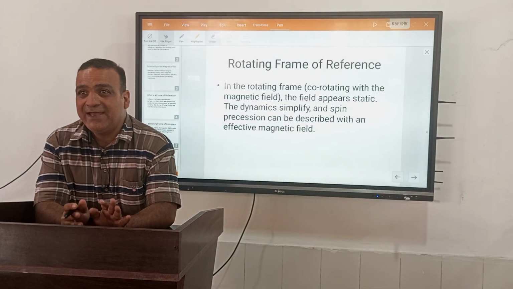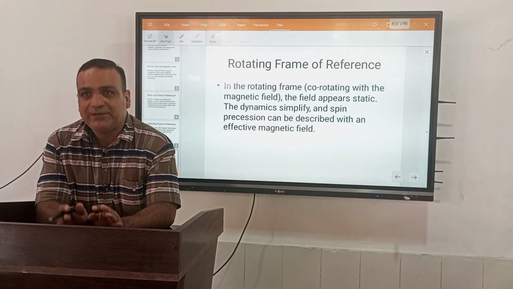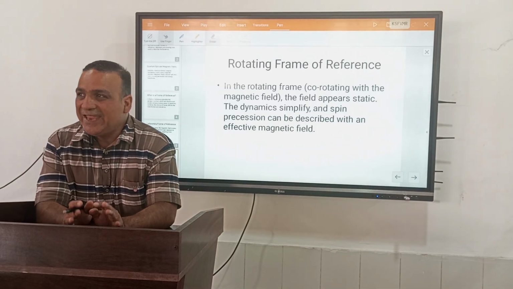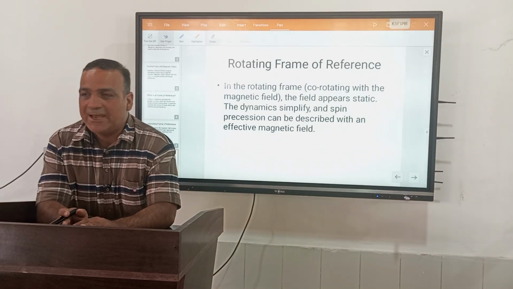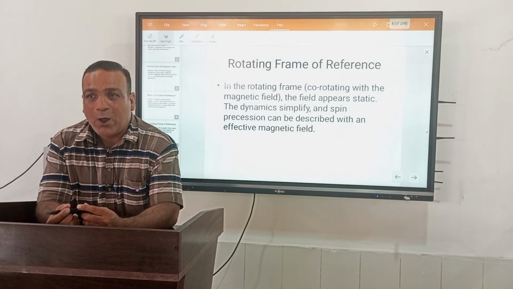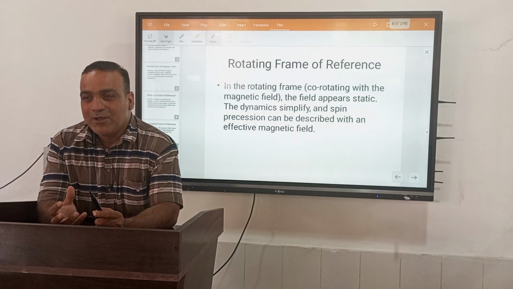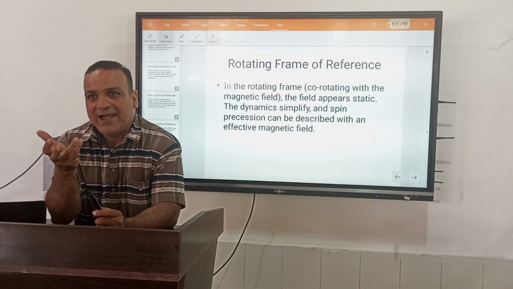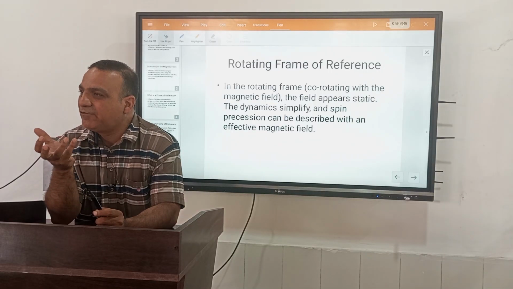If you rightly remember the example that I gave you last time, if you have two bodies moving in the same direction, say for the sake of argument with the same velocity, body A is at rest with respect to body B, and the same thing is true for body B with respect to body A. Now you have a rotating magnetic field, and at the same time the choice we have is a rotating frame of reference. So you are coinciding your problem, where you have a rotating magnetic field, with the rotation of the frame of reference.